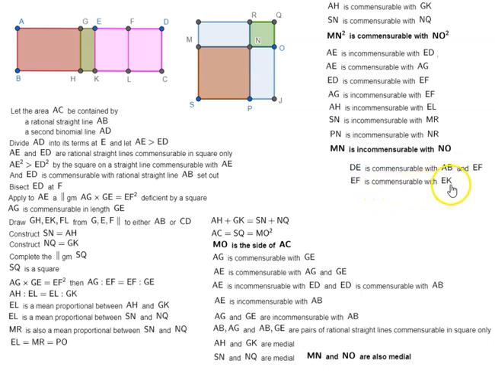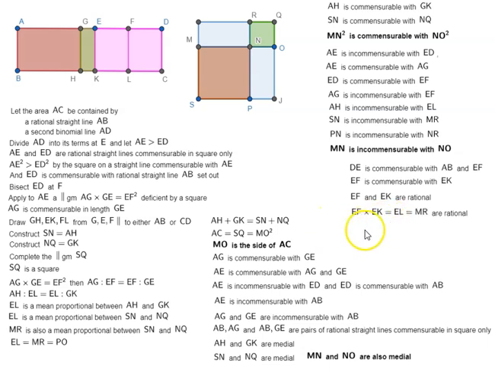EF is commensurable with EK because AK is equal to AB. And since DE is commensurable with EF, EF is commensurable with EK. That means EF and EK are rational, since AB is rational.